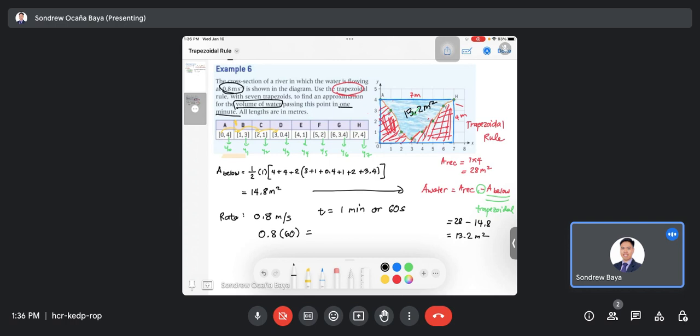0.8 times 60, which is 48 meters. This is how much water comes in 60 seconds. And this is our third dimension. Okay, remember that we're looking for volume, we're looking for the third dimension.